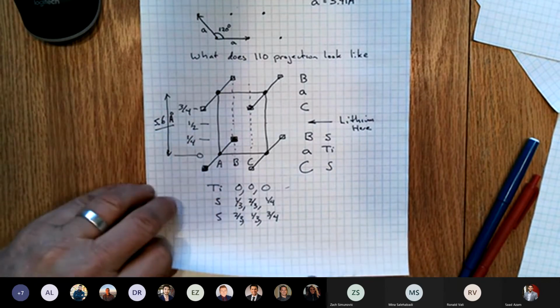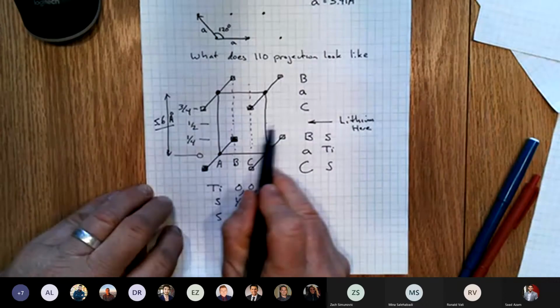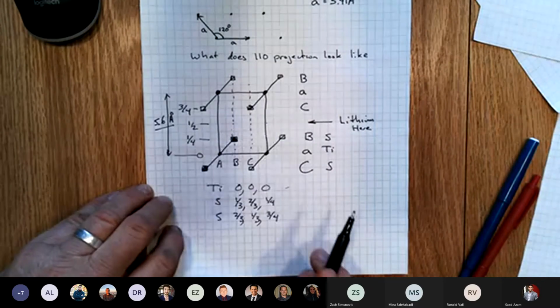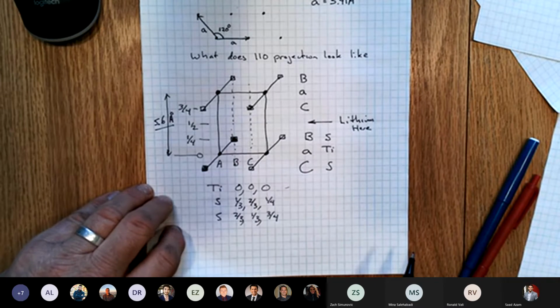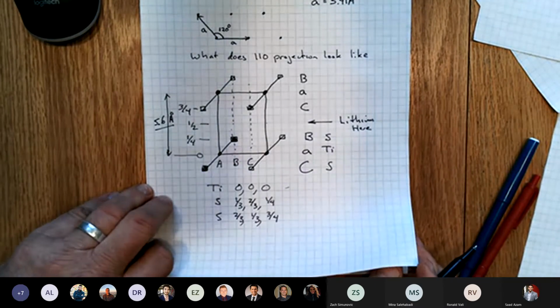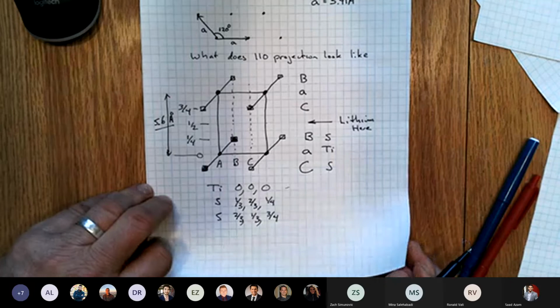Then we have to figure out, where can the lithium atoms fit in this layer in between? There's a couple of places that are the most attractive for the lithium to sit.